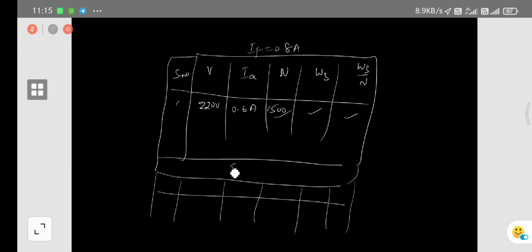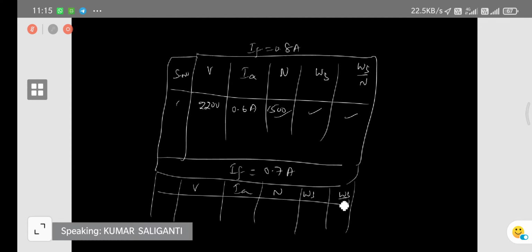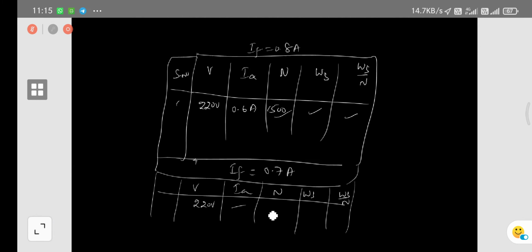Here the field current is 0.7 amps, so V, IA, N, WS, and WS by N. Then you can get 220 volts, with this IA value and N value.